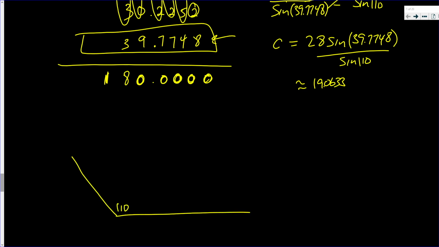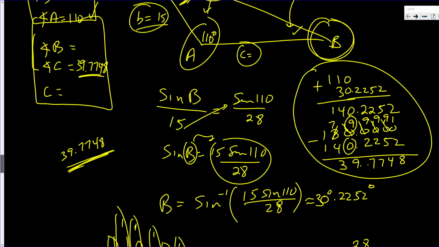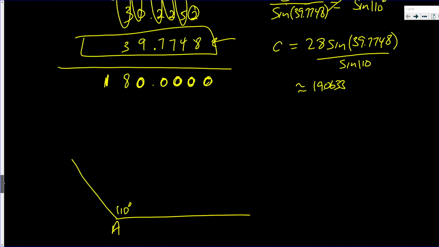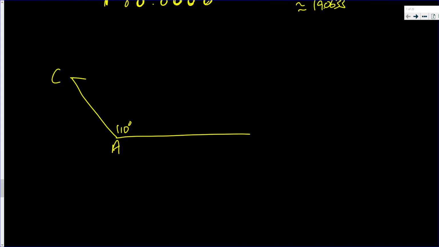Now, I want to draw this triangle. We have 110 degrees here. That was A. I call that angle C, and this angle B. And little a was 28, and little b was 15.